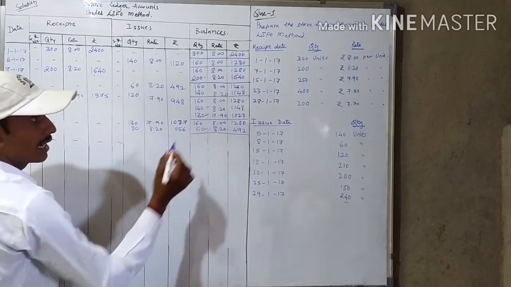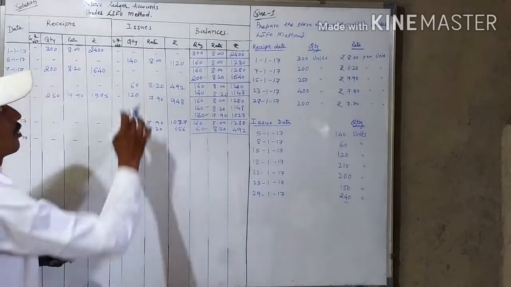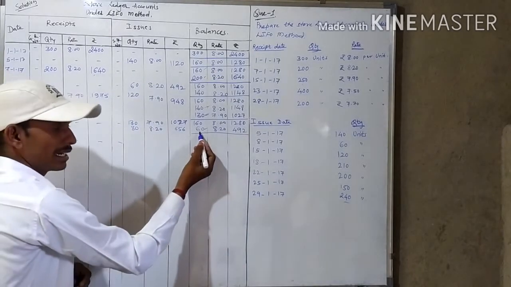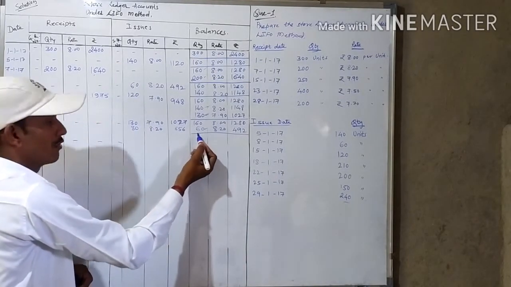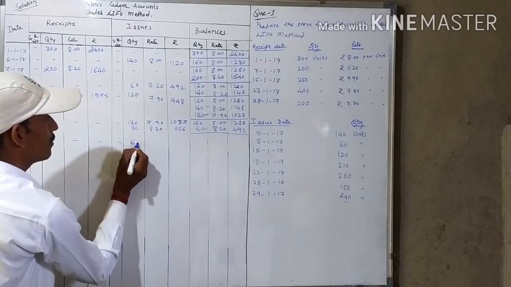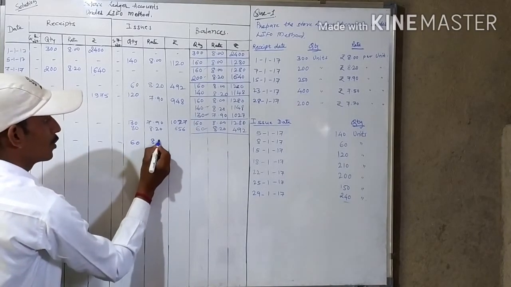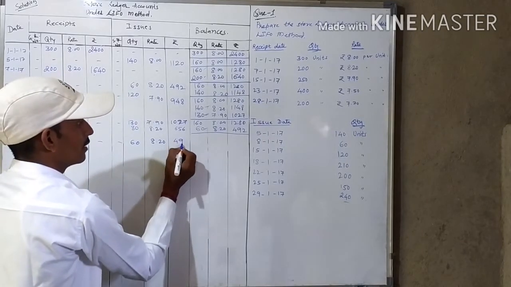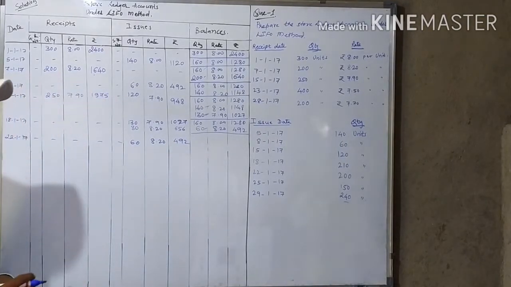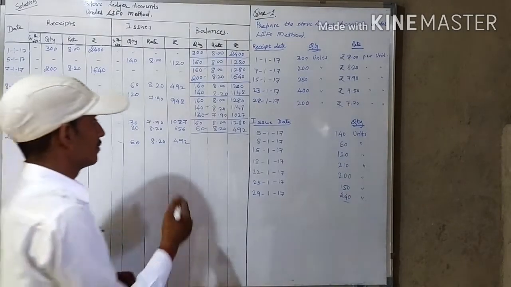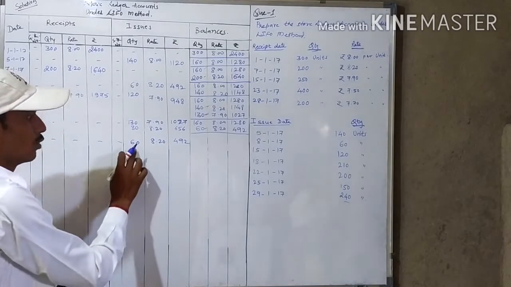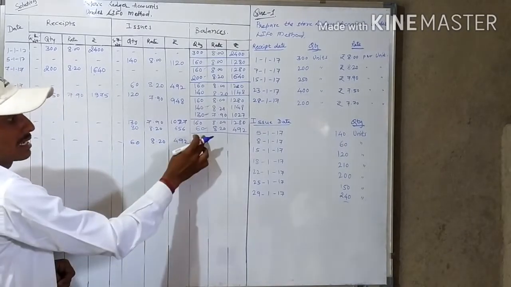First we have to sell 60 units because we are following the LIFO method, that is last in first out. Which materials are purchased last we have to issue first. These 60 materials we have to issue first. Rate of that is 8.20. Here the value is 492. Again we need to issue 200 units, but only issued 60 units from the last lot.